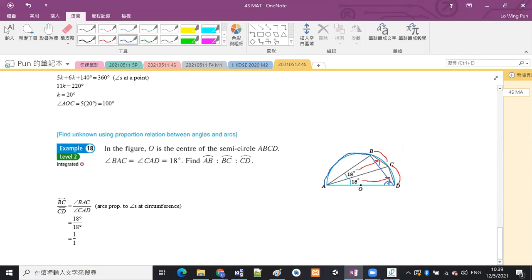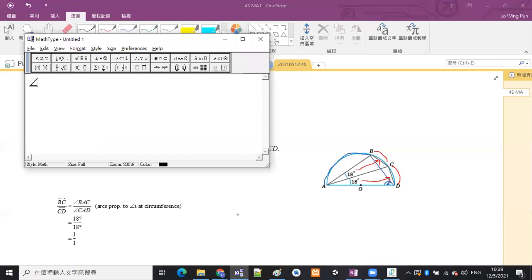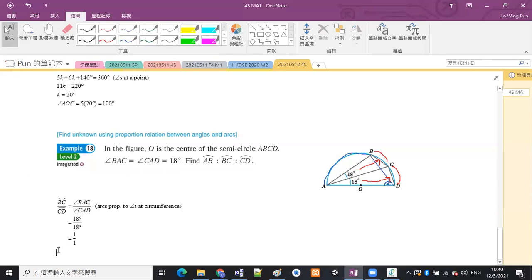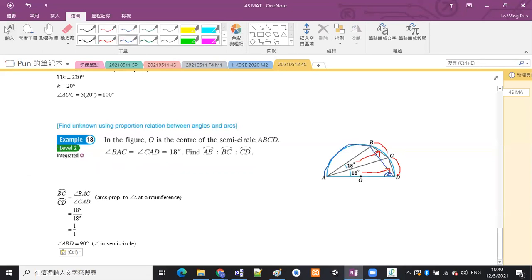But we do not have the number of angle BDA, but we can calculate because we know that AOD is a diameter, right? Okay, AOD is a diameter, which means that angle ABD is equal to 90 degrees. This is angle in semicircle. Okay, so if we have this 90 degrees, then in triangle ABD, we can use angle sum of triangle to calculate angle BDA.